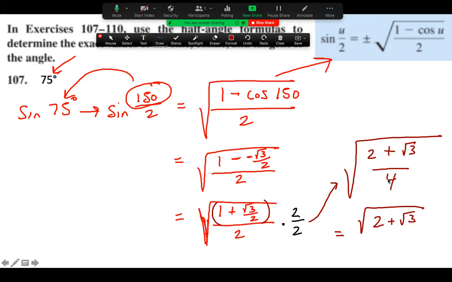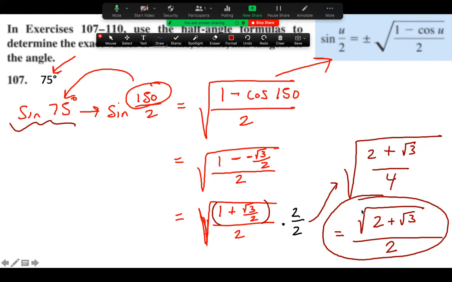But the denominator is no longer underneath the square root because the square root of 4 is just a beautiful whole 2. So that is your exact value for the sine of 75 degrees. Not a very nice looking answer, but a correct answer nevertheless.